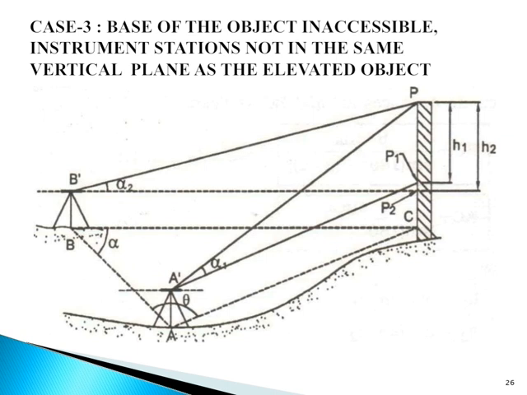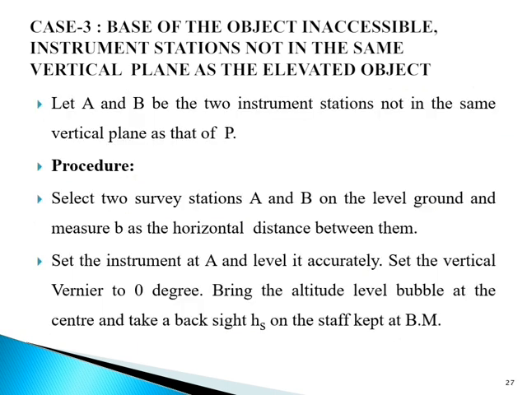So what will be the procedure? Select two survey stations A and B on the level ground and measure small b as the horizontal distance between them. Set the instrument at A and level it accurately. Set the vernier to 0 degree.